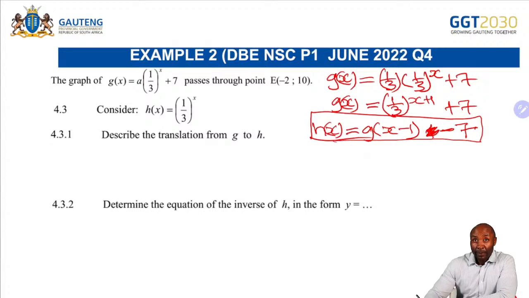Now, we are describing this using our words. We can use the equation or you can use the words. If you check, it's g of x minus 1.